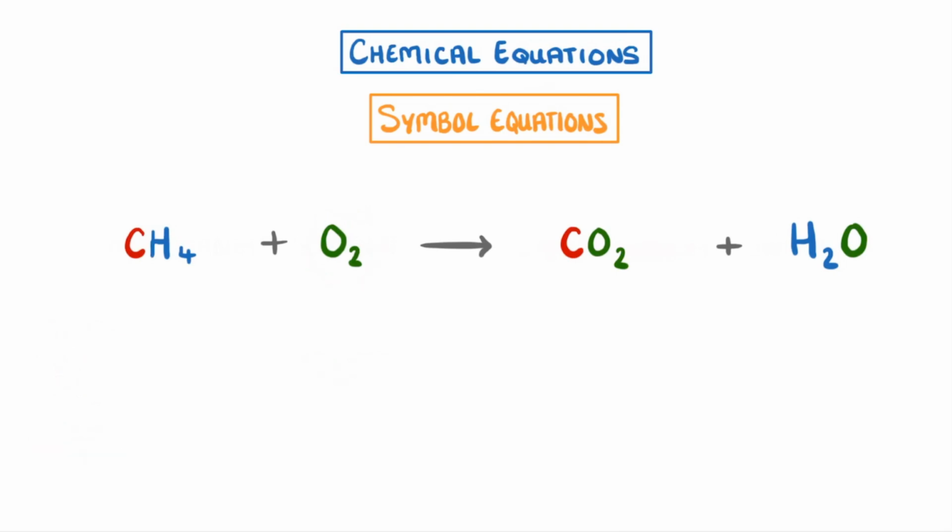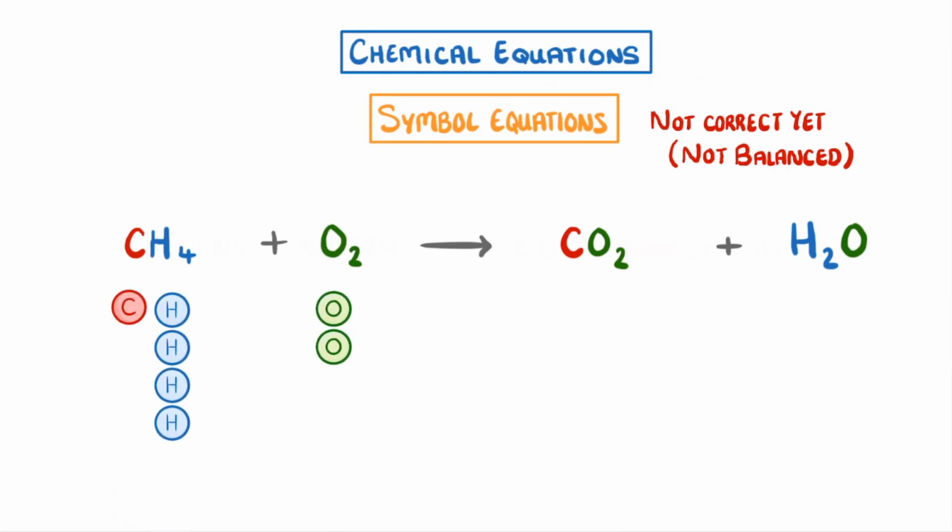Anyway, getting back to our equation. It's not quite right just yet, because we haven't balanced it. In order to be balanced, chemical equations need to have the same total number of each type of atom on either side of the arrow. In our example, we can see that on the left of the arrow, there's 1 carbon, 4 hydrogens, and 2 oxygens, whilst on the right, there's 1 carbon, 2 hydrogens, and 3 oxygens.